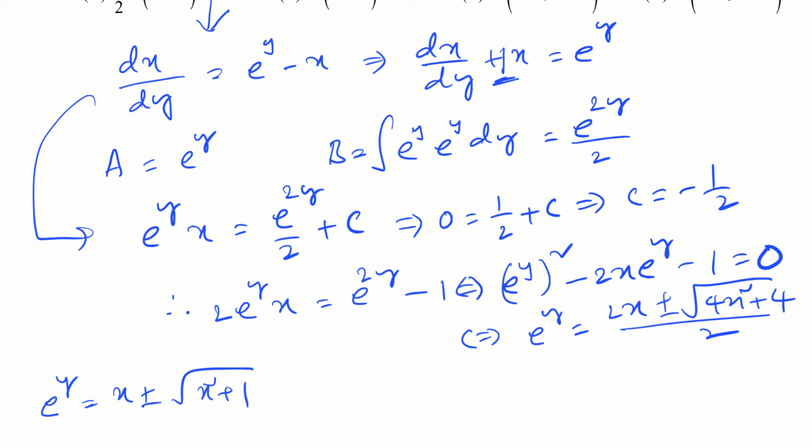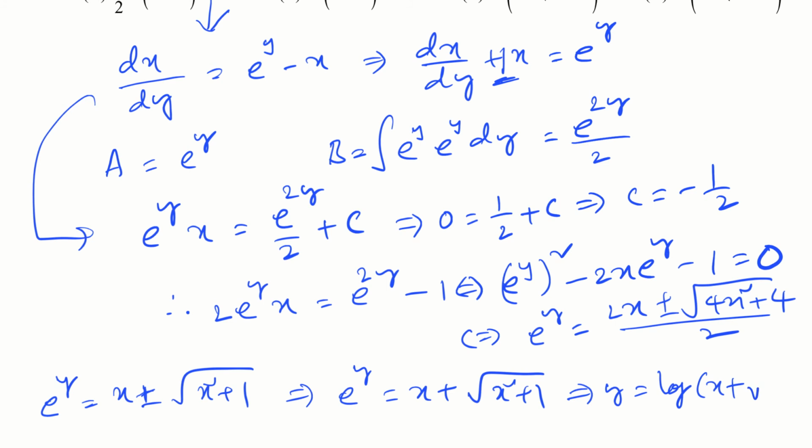Now if you take minus here, then RHS will be negative, but LHS is positive, so minus is not possible. So I'll get e power y is equal to x plus root of x square plus 1. That means y is nothing but log of x plus root of x square plus 1.